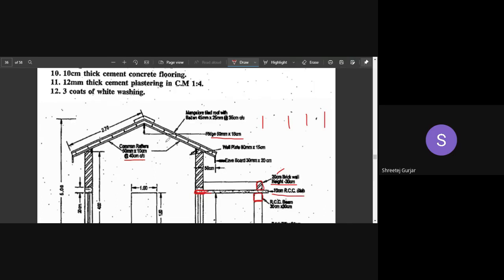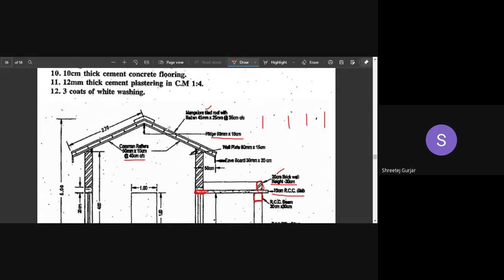Then moving on, this top thing is your Mangalore tile roof with battens.